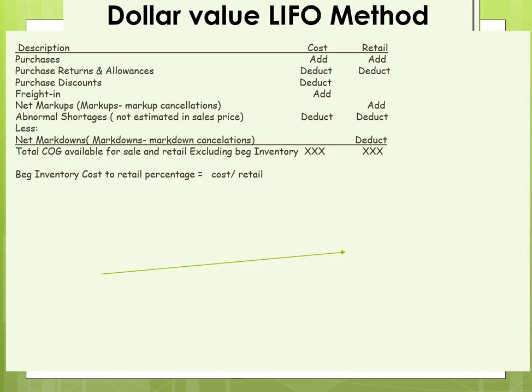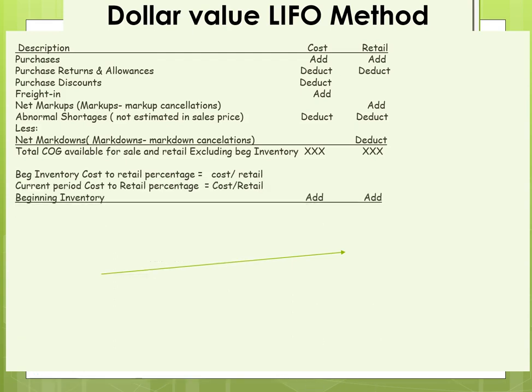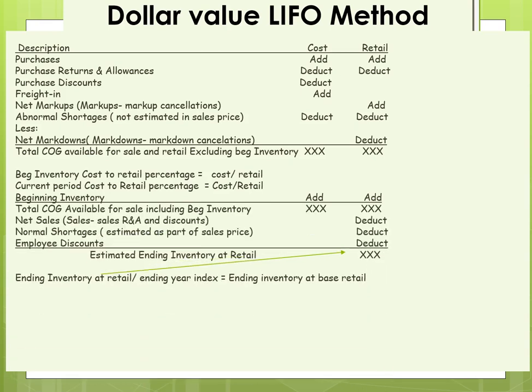Okay, so here's our model. Again, we don't include beginning inventory. We look at our percentage for cost to retail for beginning inventory and for the current period. Then we're going to add our beginning inventory to get our total cost of goods available for sale. Then we're going to do our normal subtractions to get our estimated ending inventory at retail. Now we're going to take our ending inventory at retail divided by the ending year index, which equals ending inventory at base retail.